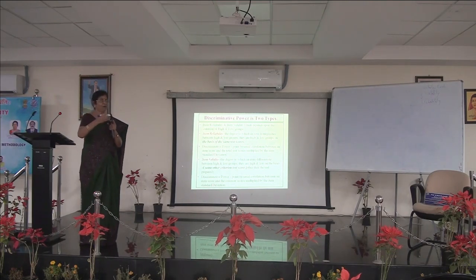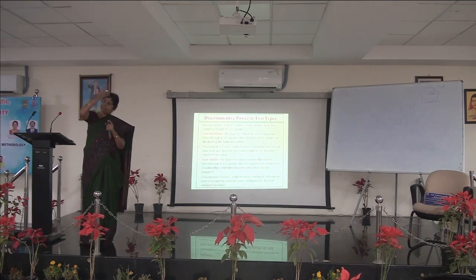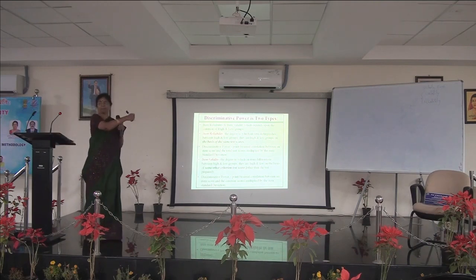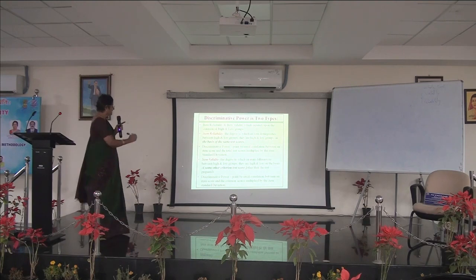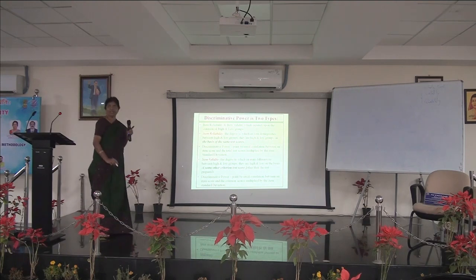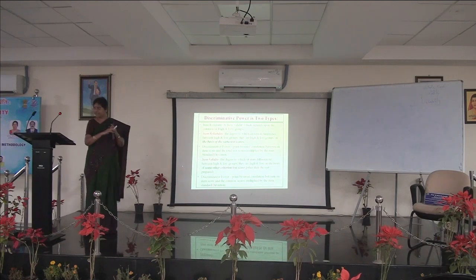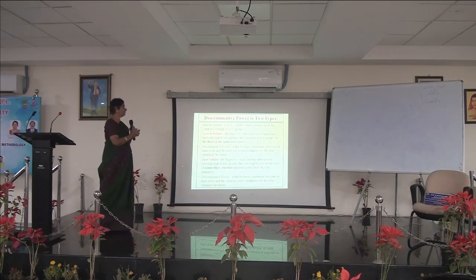Like that, you select a criterion test, and based upon the criterion test scores, you divide the group into high or low group, and then you see their performance for each and every item. And that is called item validity. Like this, you have to establish item reliability and item validity. For those two things, you use only point biserial.